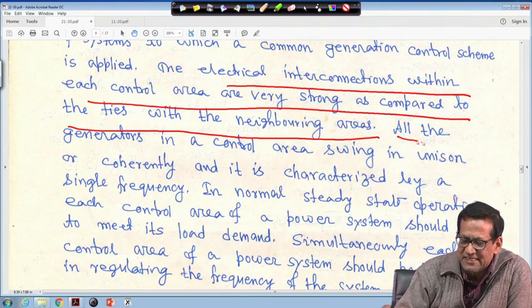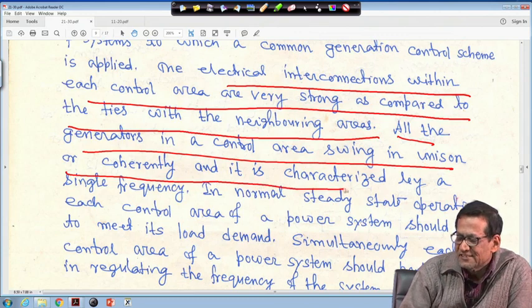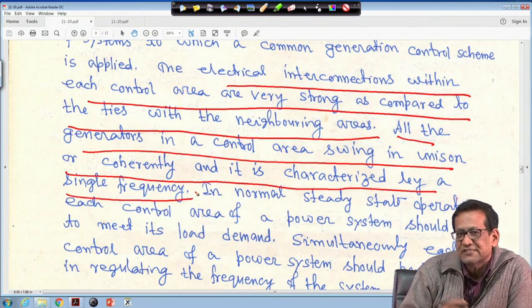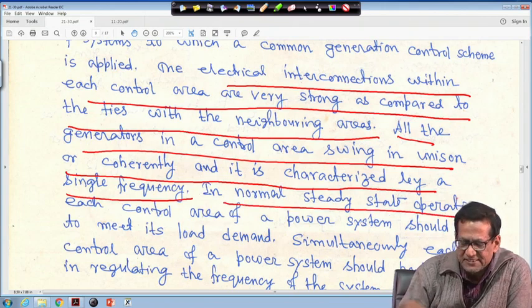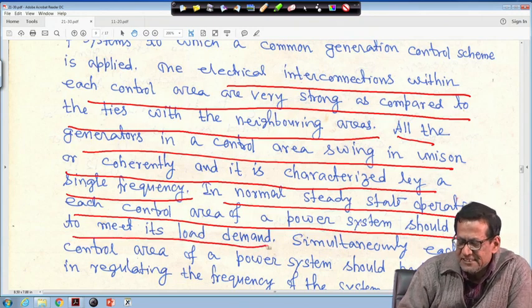All the generators in a control area swing in unison, or coherently, and the area is characterized by a single frequency. In normal steady state operation, each control area of a power system should strive to meet its own load demand.